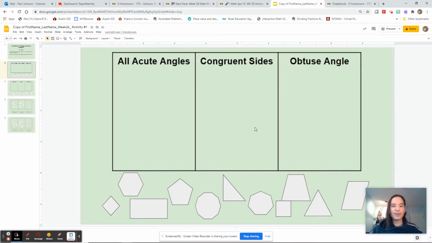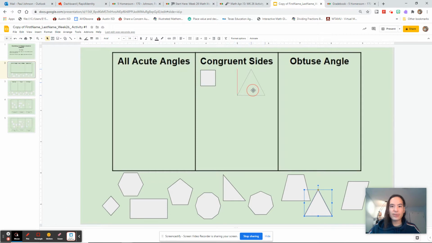First off, let's find the ones with congruent sides. I think that'll probably be the easiest. We're looking for any of these shapes that have all of the sides the same length. Obviously, the square is going to have 4 congruent sides.